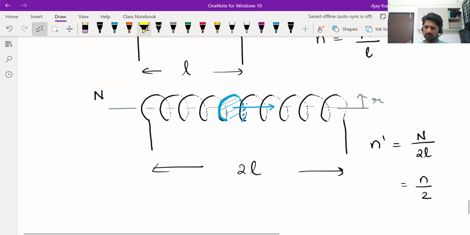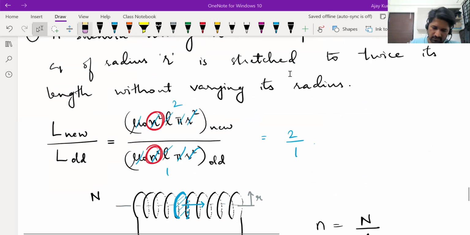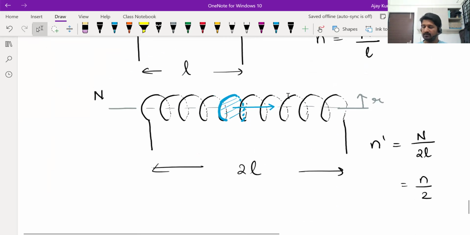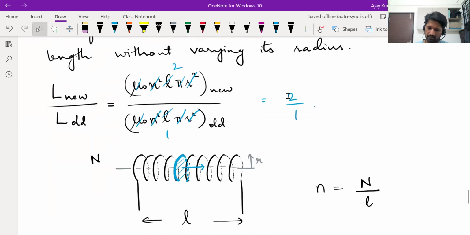Students always overlook this, but it's a very common mistake. Remember, small n is number of turns per unit length. Okay. So when length changes, small n value also will change. Now, if you get back to this problem, length became twice, that's fine. But the new value of small n is half the original value of small n.